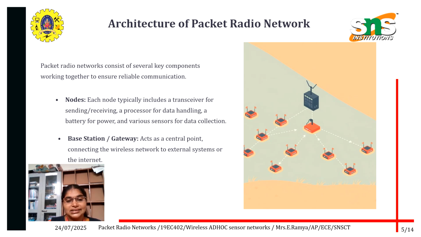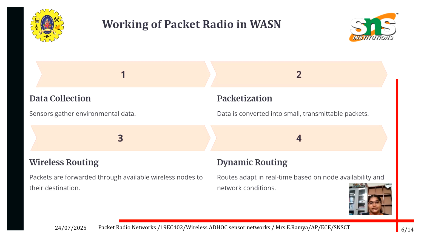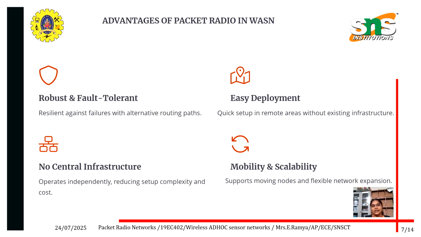The base station and gateway act as a central point connecting the wireless network to external systems or the internet. The working of packet radio networks in WASN has four steps: data collection, packetization, wireless routing and dynamic routing. These are the four methodologies in the working principle of packet radio wireless ad hoc sensor networks.